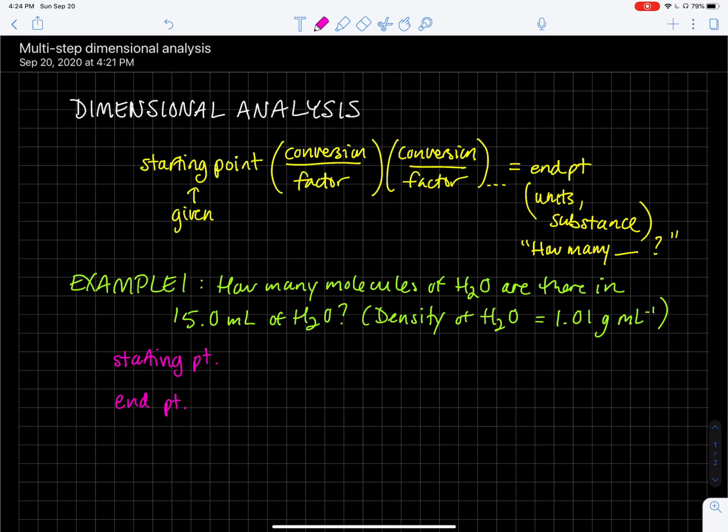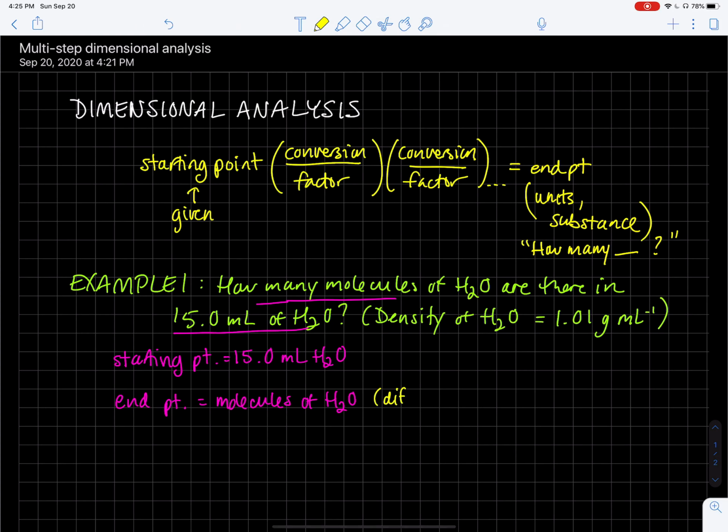So the starting point is the part you can imagine yourself being handed, and that's this, 15 milliliters of water. The end point is the how many blah, blah, blah, blah. So it's this part. We want molecules of water.